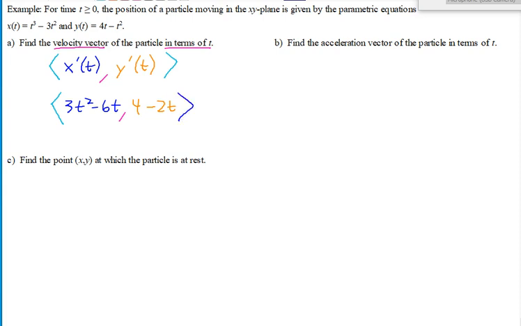Now, if we substitute a specific time, we can figure out what the horizontal velocity is using x prime of t, and figure out what the vertical velocity is at that time using y prime of t. And the acceleration vector is the second order position, so we could write it as x double prime of t, comma, y double prime of t.